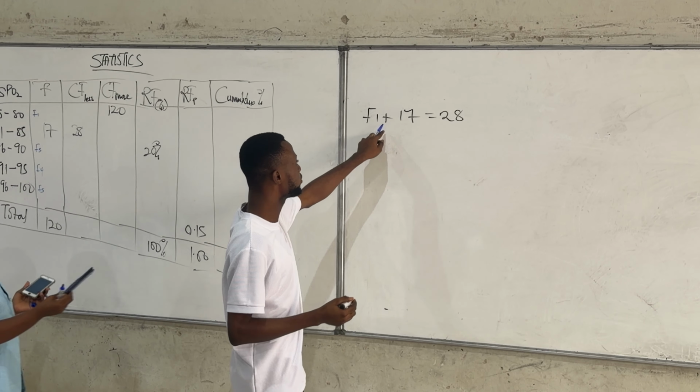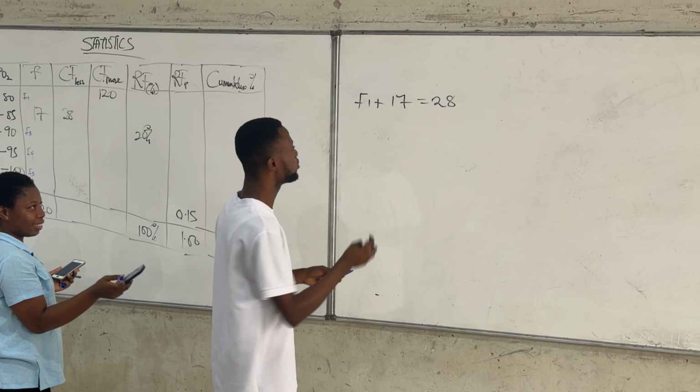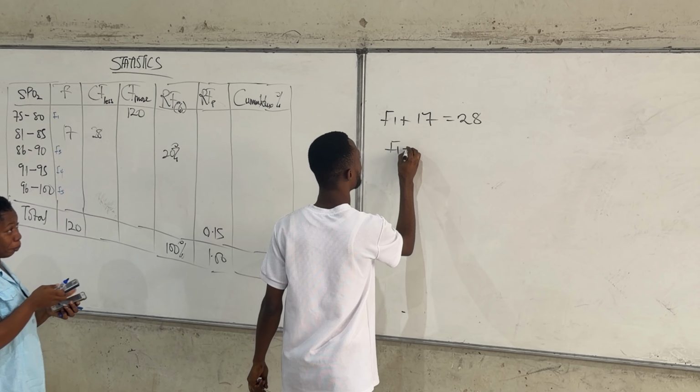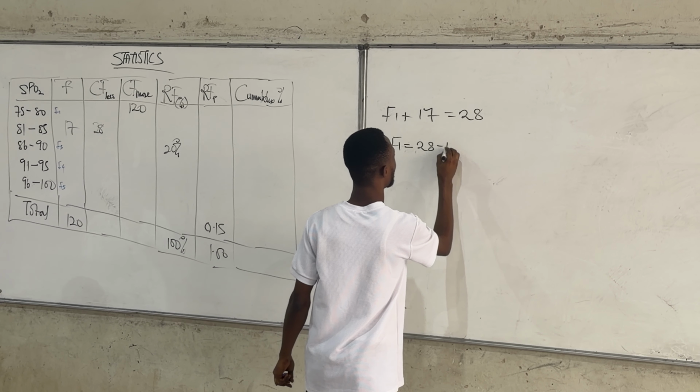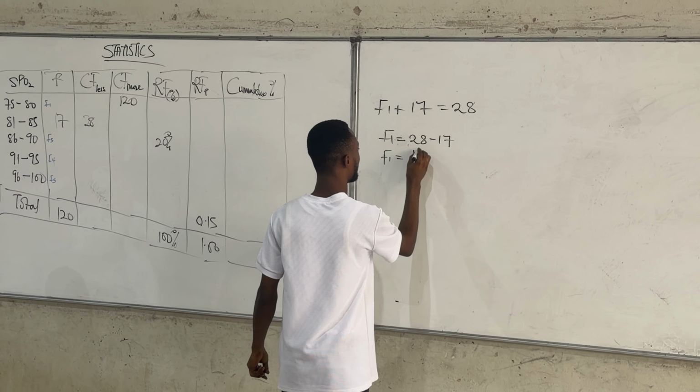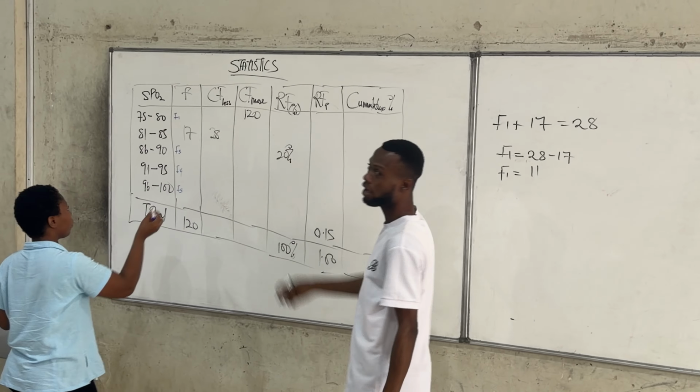So here we are trying to find F1. So just group like terms. So F1 will be equal to 28 minus 17, which is 11. So here we have 11.